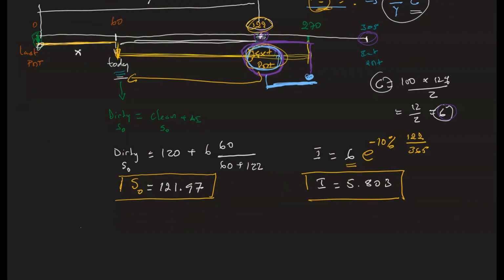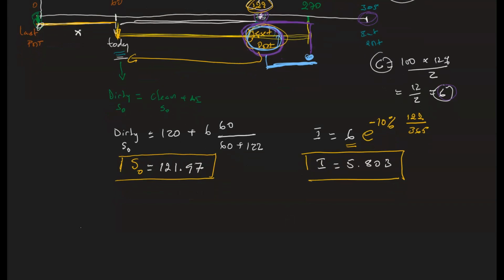Now, that accrued interest would essentially be equal to the following. Well, remember, it's still $6 that's being paid. So our accrued interest, AI, is going to be equal to the $6 that's being paid multiplied by the number of days since the last payment. And the number of days since the last payment, in this case, the last payment is going to be this date here. That was our last payment.